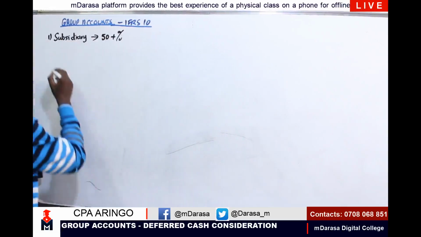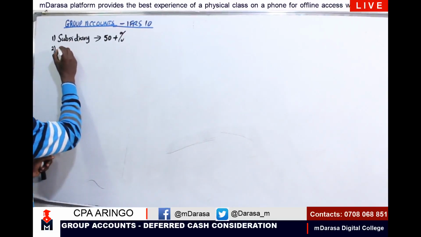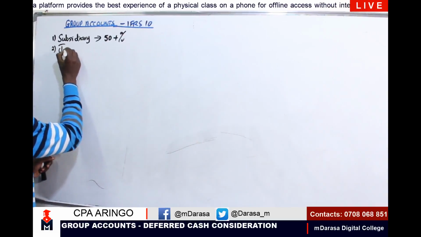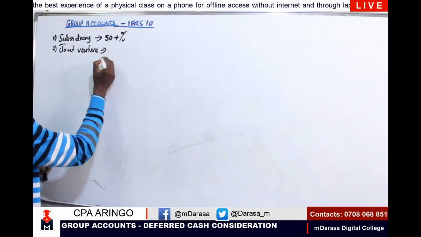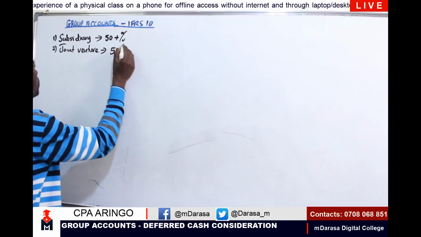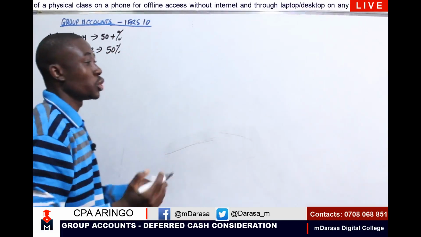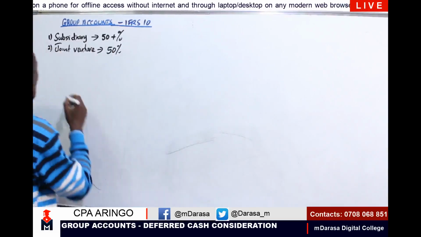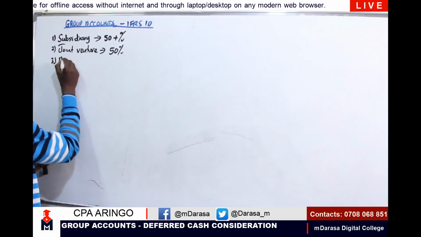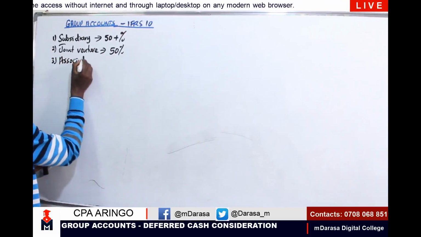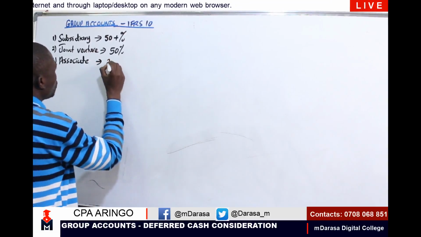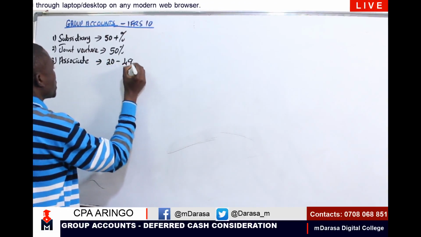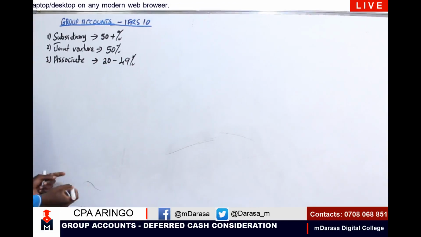We talked of number two, joint venture. A joint venture is where the parent is holding 50% and has joint control with another company. Then associate. An associate is an investee company where the parent is holding between 20% to 49% of the shareholding.